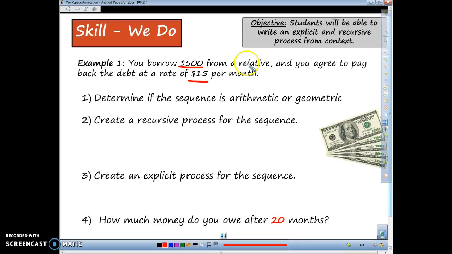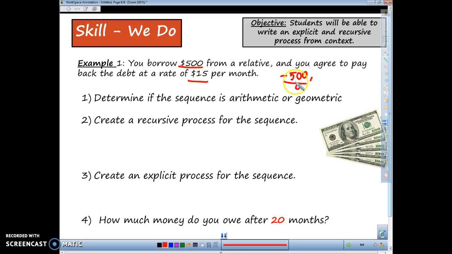So we start off with money, and initially we have borrowed $500. So that is negative 500. This is my 0th term. And then I pay back at a rate of 15, so I'm adding $15.